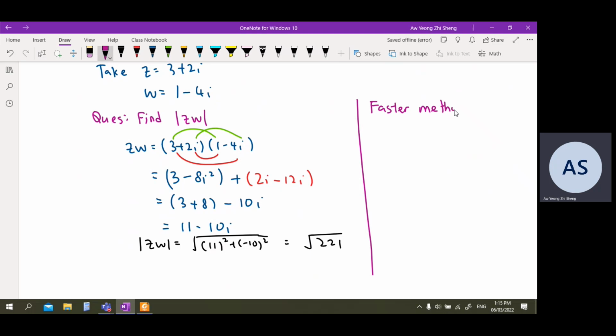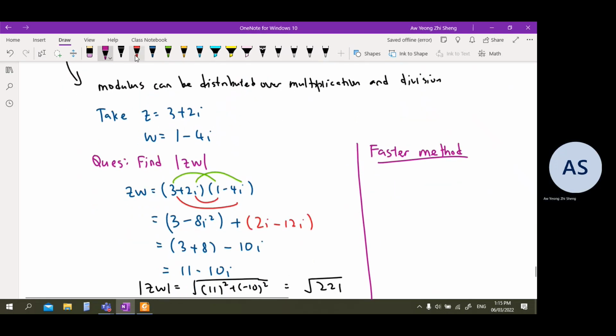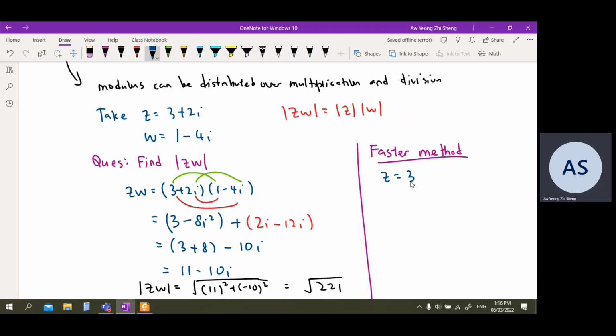There is a faster method, or maybe a slightly easier method, if you use the properties of modulus. The property says mod of zw is the same as mod of z times mod of w. That means you don't really need to do the multiplication of z with w. Since z is 3 plus 2i, mod of z is surd of 3 squared plus 2 squared, which is surd of 13.